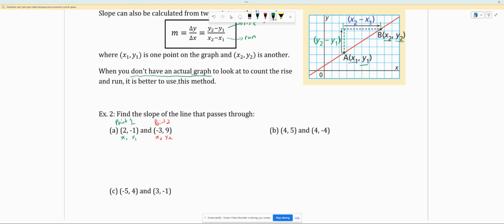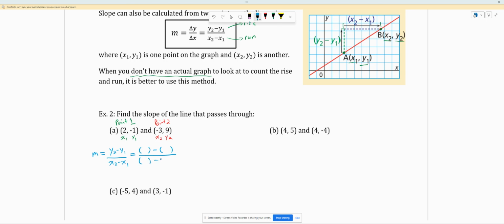Okay, so now let's use our formula. So this is what it looks like. Let's go to blue. So I take my m, and my m is equal to y2 minus y1, the 2 y values subtracted, and the 2 x values subtracted. Just make sure you line them in the right positions. So the way I like to do it is, let's just create empty brackets for all of our values up above.